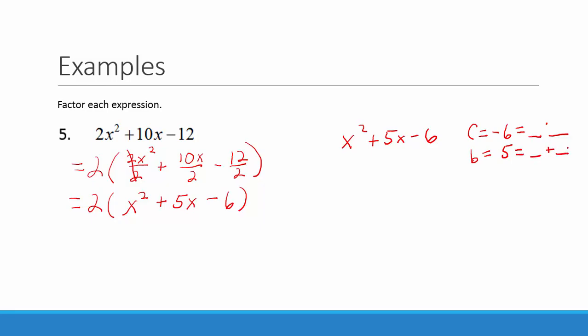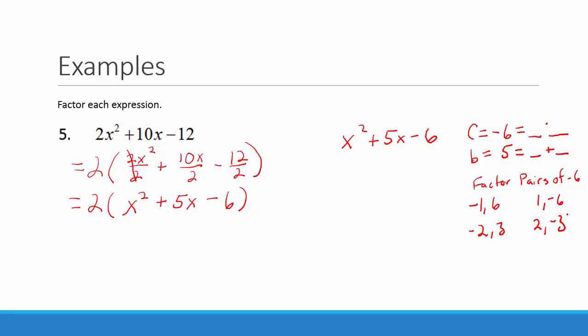So let's list our factor pairs of -6. We can multiply -1 times 6 or 1 times -6, -2 times 3 or 2 times -3. These are all the ways that we can multiply to get -6.